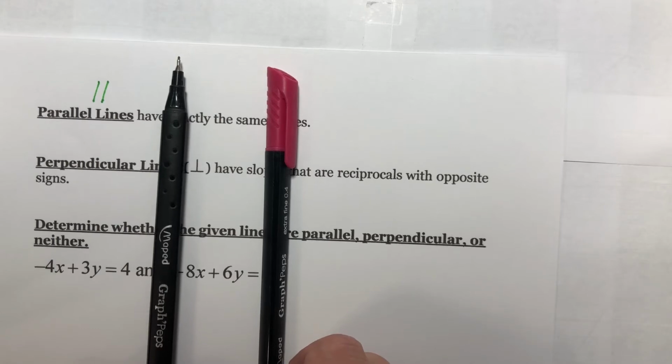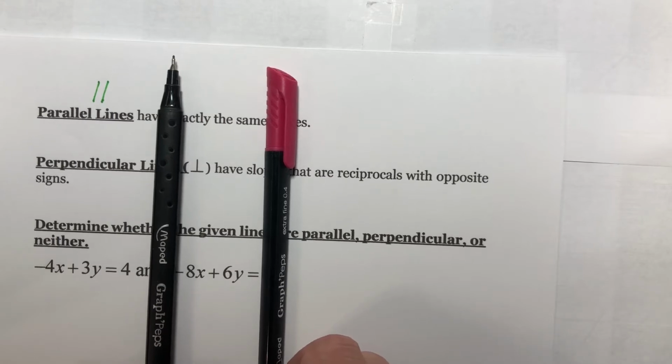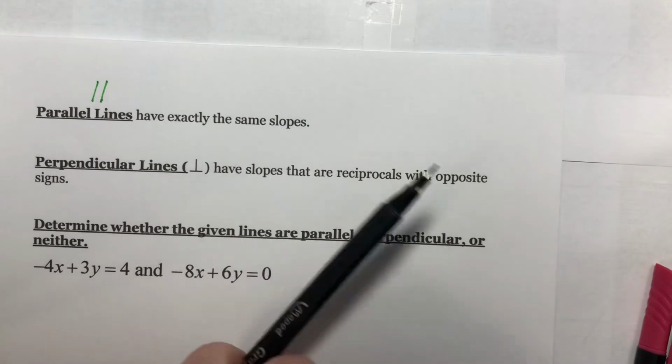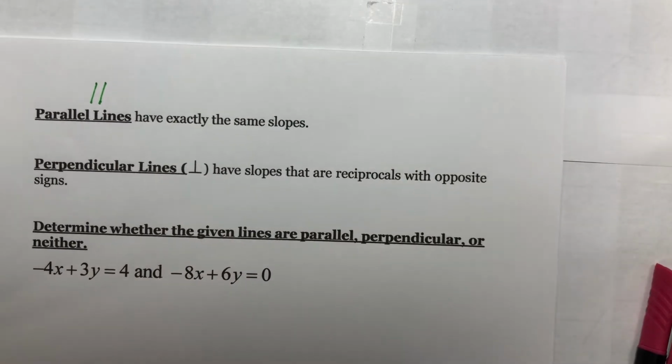But by definition, it does not matter how far out we extend them. If they ever cross, they're not parallel. And we're human, and we just can't see those micro differences that would make it not parallel. To find out if they're parallel, we must compare slopes.